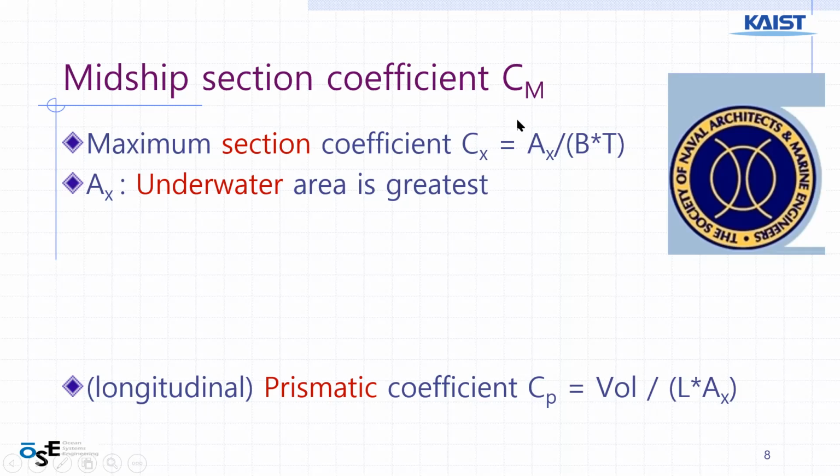When you see a sailing yacht, the maximum area is a little behind the center of the length. Small ships usually do that, very similar to fishes. All right, let me go on. Any other question then?